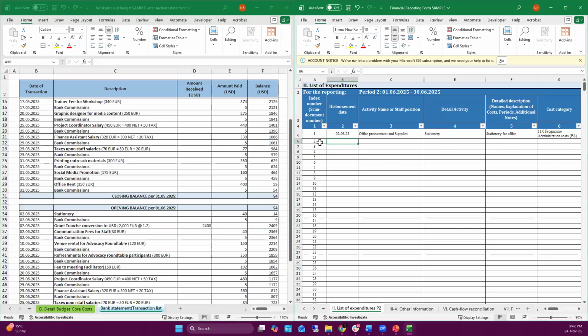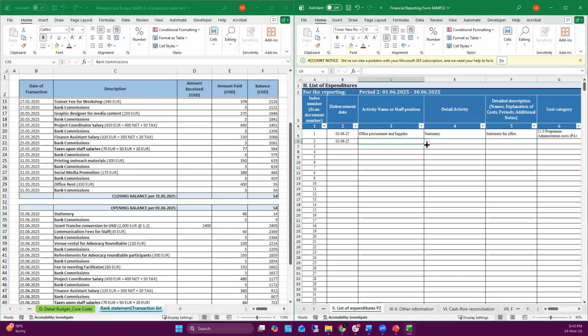Okay, and we continue filling out our report. In order to keep up the consistency, and in order to be precise, I will make an input of this bank commission because this bank commission was paid at an old rate, 1.1 this time.